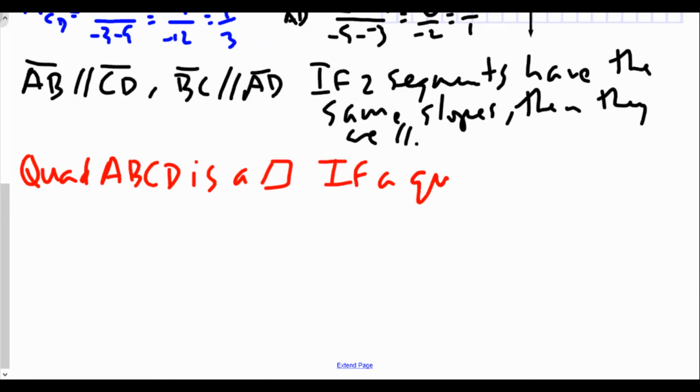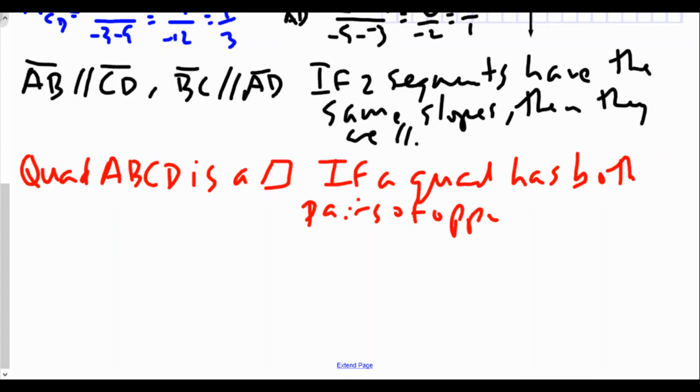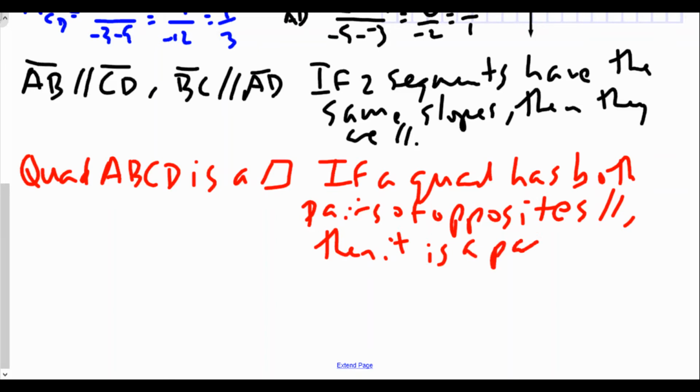If a quad has both pairs of opposite sides parallel, then it is a parallelogram. And we got that far because you have to prove that a quadrilateral is a parallelogram before you can prove it's a rectangle, because by definition, a rectangle is a parallelogram with one right angle.